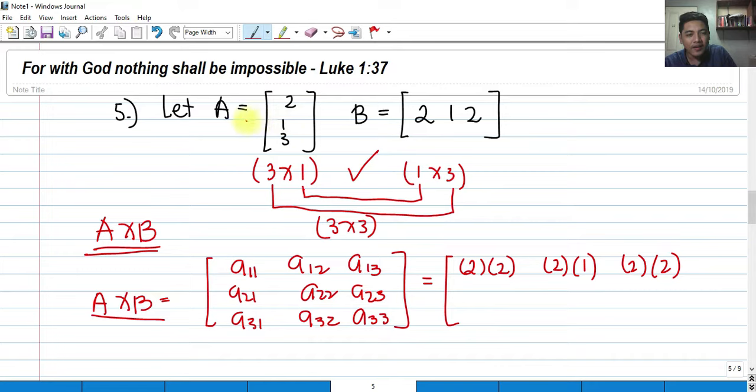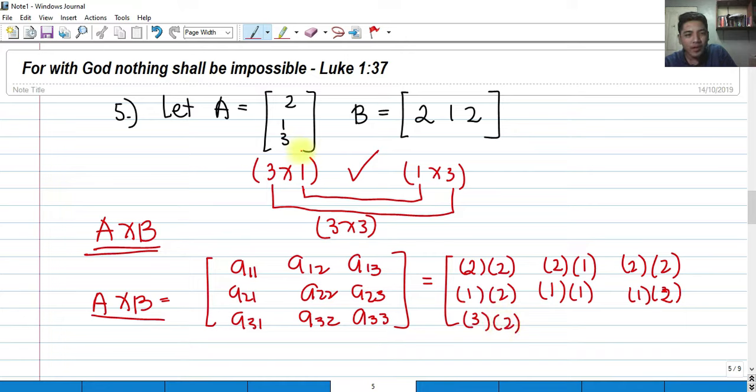Row 2, A21 is row 2 of A, which is 1, multiplied by column 1 of B, that is 2. A22, 1 again, multiplied by column 2 of B, that is 1. A23, row 2 of A, which is 1, multiplied by column 3 of B, which is 2. A31 is row 3 of A, which is 3, and column 1 of B, that is 2.